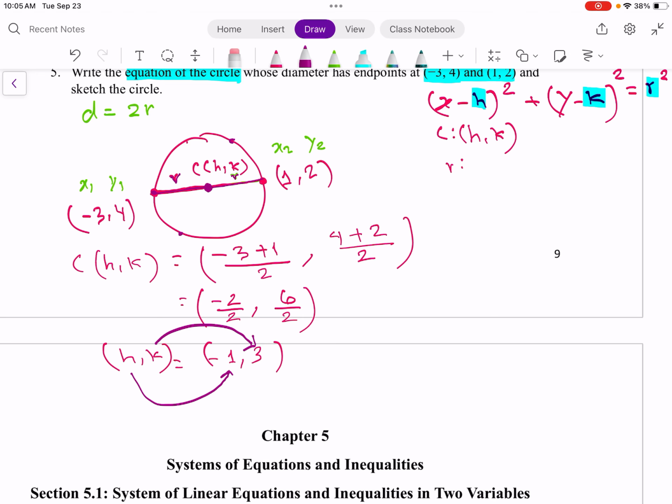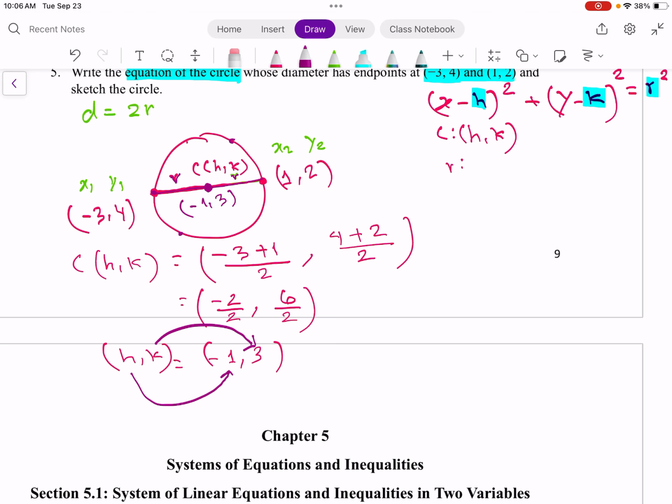We know h, we know k. Next we need to find the radius. How do we find the radius? The radius is the distance, right? The distance from the center to any point on the circle. So our center is (-1, 3).